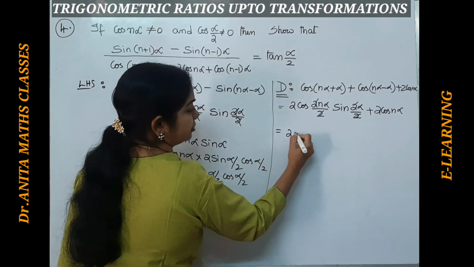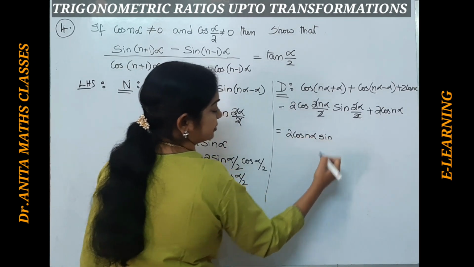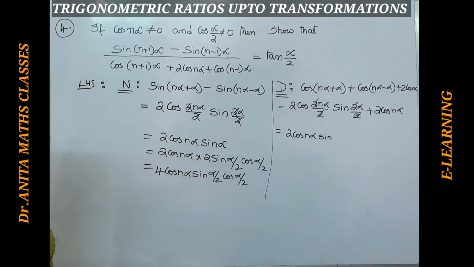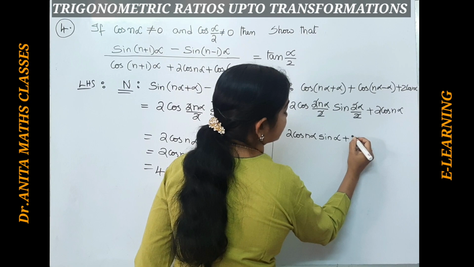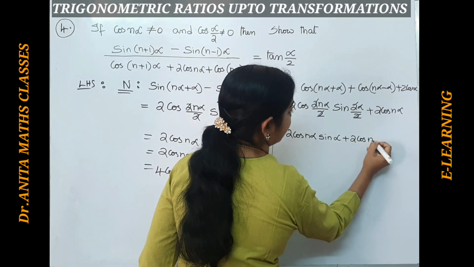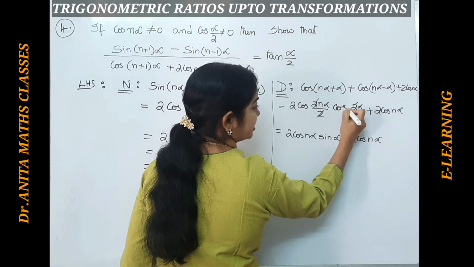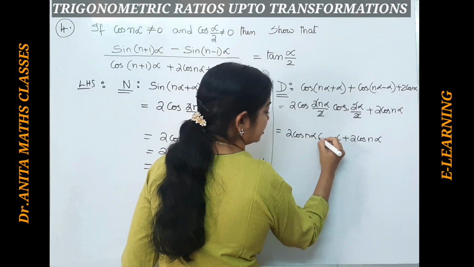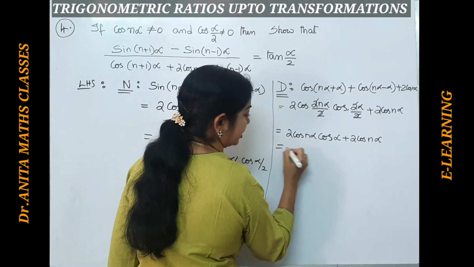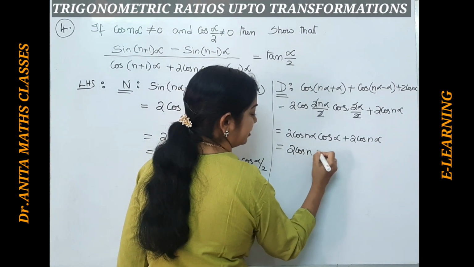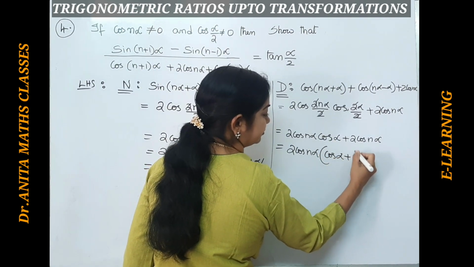So here we get 2 cos n alpha cos alpha plus cos n alpha. This is cos (A minus B), not sine. Now in these two terms, if you take cos n alpha common, this becomes cos n alpha times (2 cos alpha plus 1).